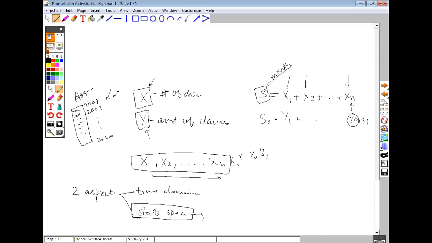So what do you guys think is the time here? Is it discrete or is it continuous? When I'm looking at the annual rainfall, first I have time, and then I have the rainfall in, let's say, mm or centimeters.